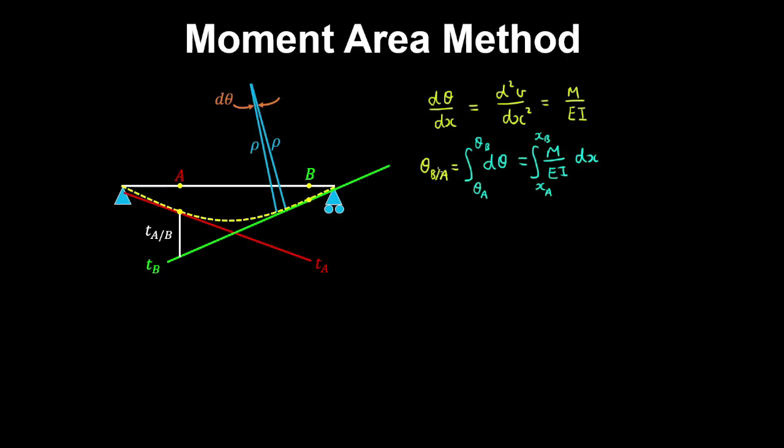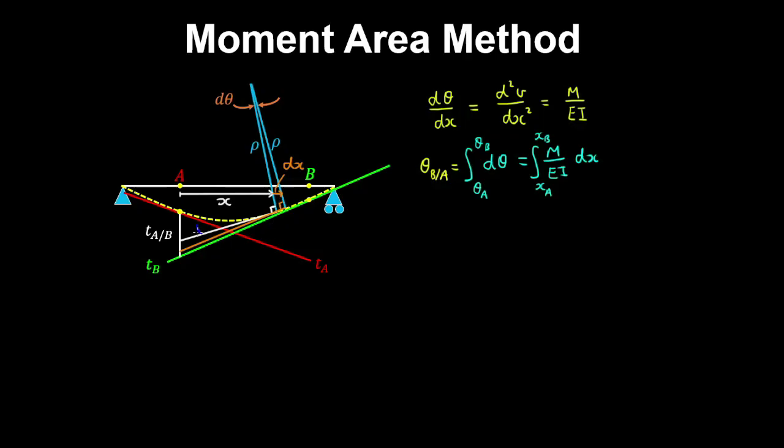So that tells us that the area under the curvature diagram from a to b gives us a change in the bending rotation. Now at some distance x from point A, we can draw a tangent to the curve. So that will be perpendicular to this line. And we can also do the same at x plus dx. So this distance is dx. So we have another tangent drawn from here. That's perpendicular to this line.